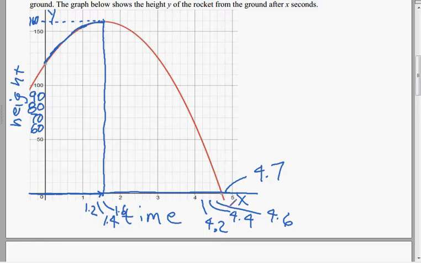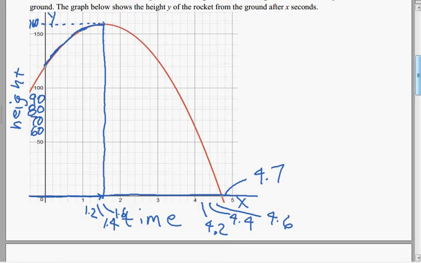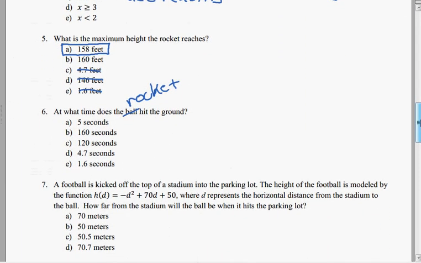So I'm between 4.6 and 4.7. Pretty close to 4.5, but not exactly maybe. So look at my choices. And actually here I have 4.7, which is a little bit more than 4.5. 5 seconds is pretty close, but I can see it's not exactly 5 seconds. These were obviously just trying to get you to look at other things on the graph. Okay?